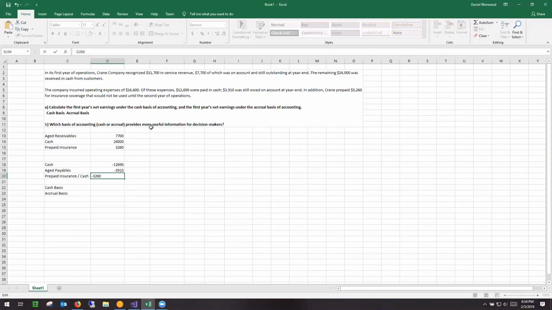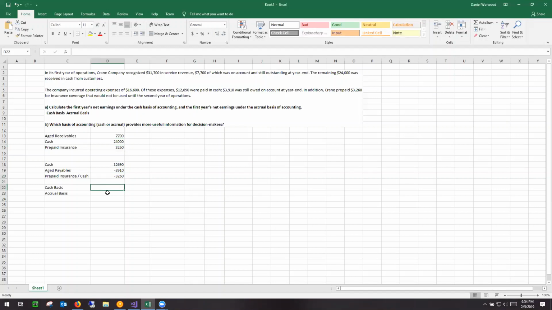All right, so the first part of this, though, is they want us to calculate if it were on a cash basis. So if we're only looking at cash, that means we can't look at aged receivables, we can't look at prepaid insurance, we can only look at cash going out. So that's going to be this one, and this one.